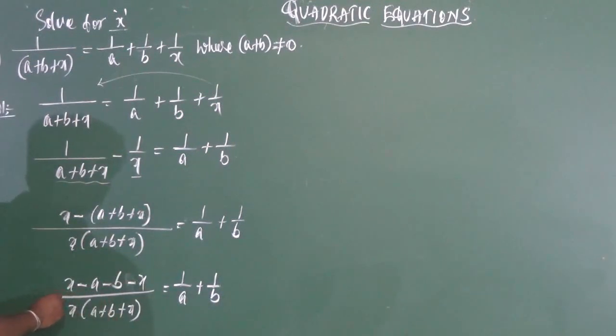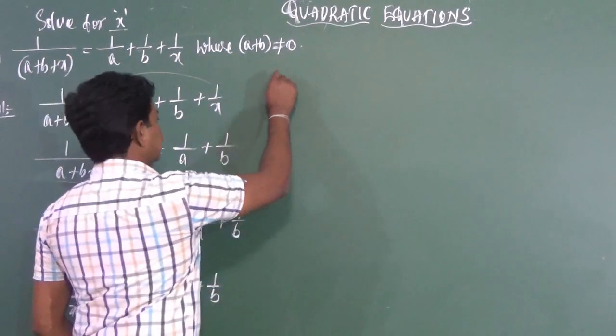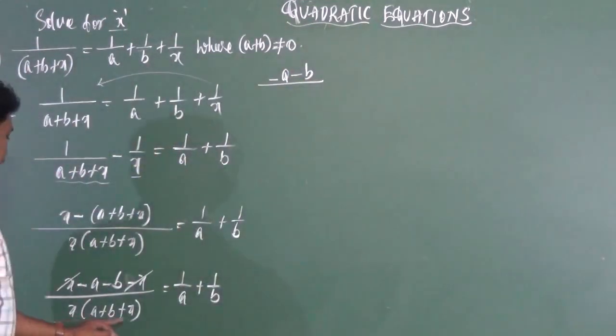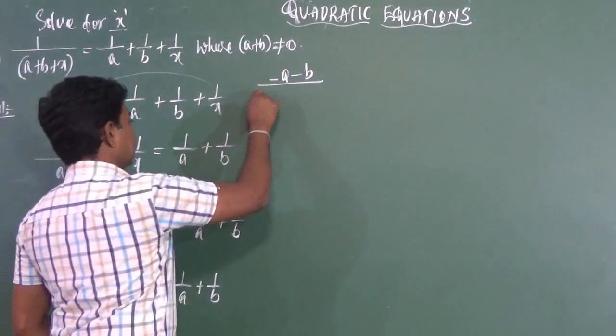Now here plus x minus x is going to get cancelled, so you are left with minus a minus b. So it is (minus a minus b) by x into (a plus b plus x).